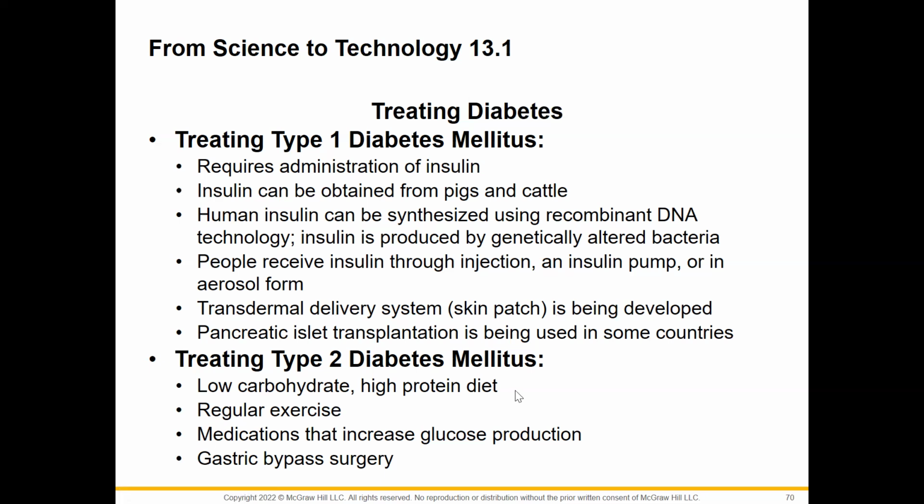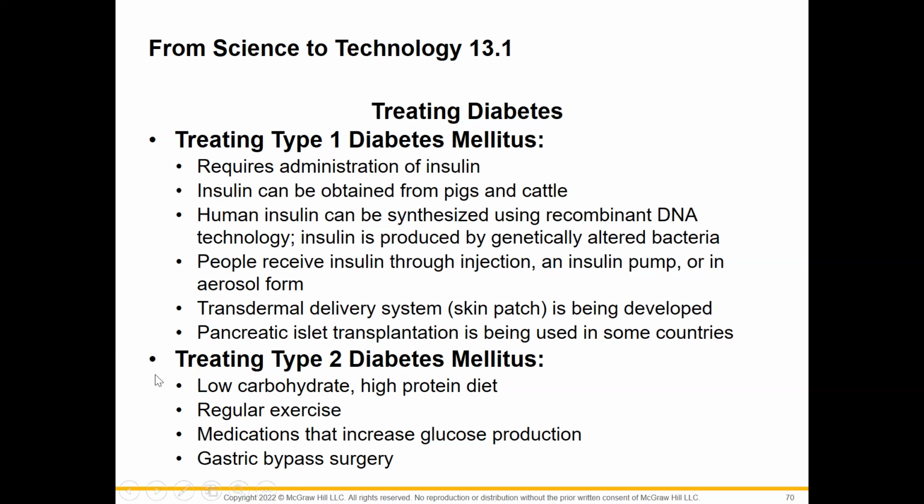So, in order to treat type 2 diabetes, there are things that a person can do to actually reverse type 2 diabetes. Yes, I'll say that again. You can potentially reverse type 2 diabetes where the person is no longer diabetic.